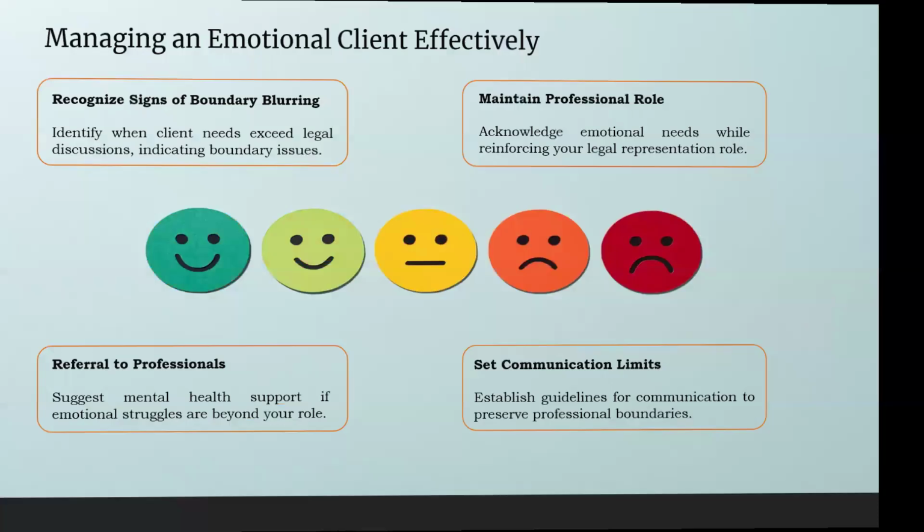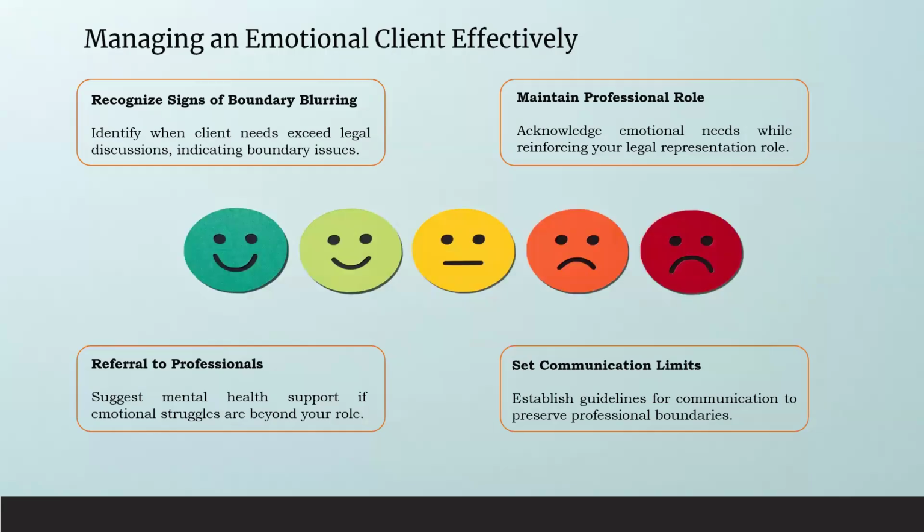You have been working on a case for several months, and your client is starting to open up about personal struggles outside of the legal issue, like their family and personal relationships, for example. They start texting you after hours for advice, and you begin to feel the boundaries between professional and personal are blurring. How do you handle this?